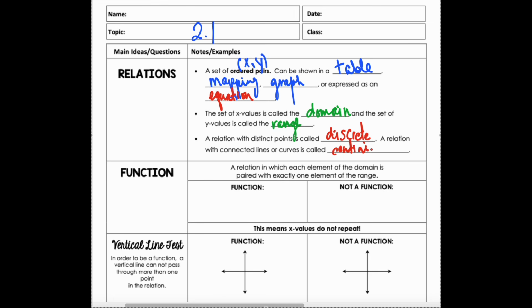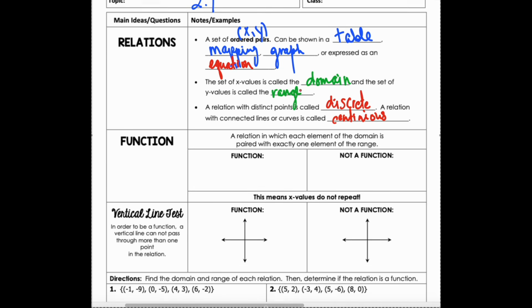And that makes sense, right? If we have something that's continuous, it's connecting, it's going on and on forever. So you might see a graph that looks something like this. Right, it's continuing. It's not points with some type of rhyme or reason to the points, right? All right.